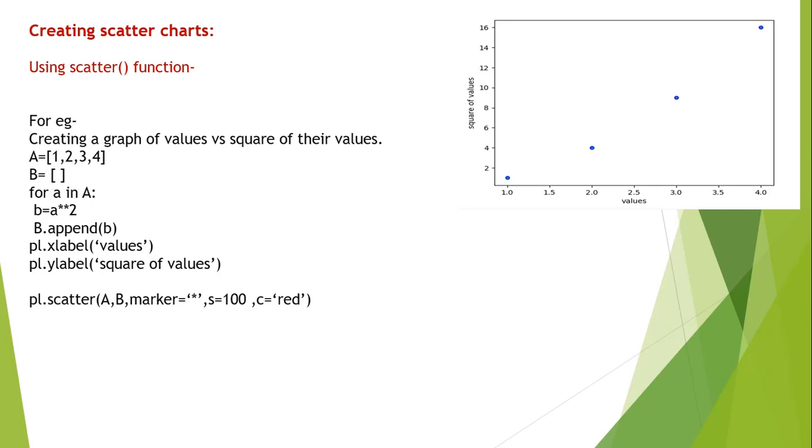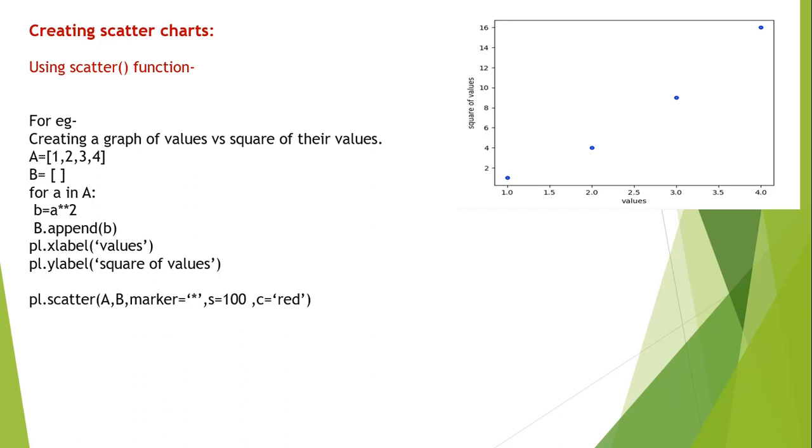Okay, now what we are giving here is that we are going to use the scatter function. Data values are same here, a and b. a was the list with the given values, and b was the power of those values. Now the marker is signified here as asterisk. Whatever the marker is here, that is to be used in the graph also.